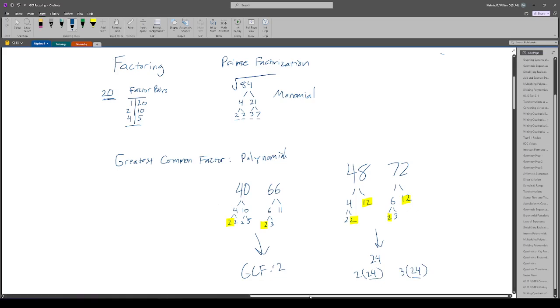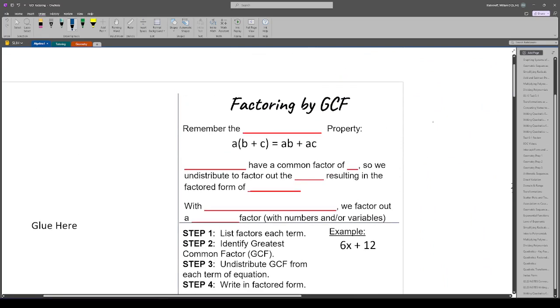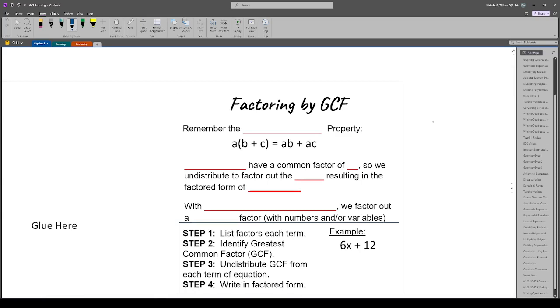That's our main topic for today: the greatest common factor of a polynomial. Remember, we started off talking about distribution. We have a times parentheses b plus c, and when we multiply a by both of these, we get ab plus ac. This is the distributive property.